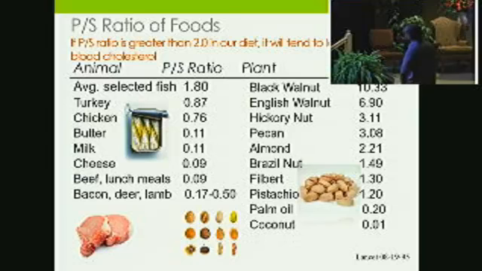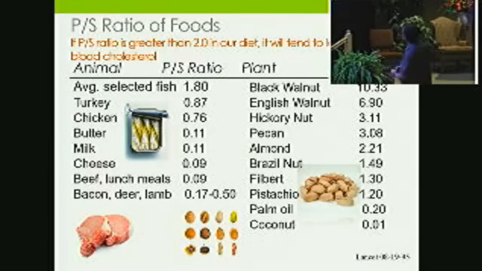And here we have what's called a PS ratio, which stands for polyunsaturated and saturated fats ratio. Think of it this way. Polyunsaturated: plant, and liquid form. Think of saturated as soggy and just bulky or solid and animal, okay?